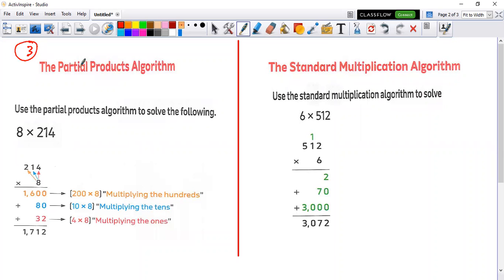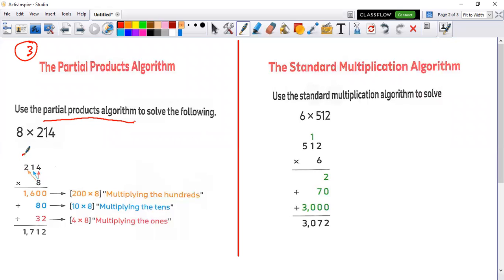The partial product algorithm. If I take an example, 8 times 214. Here, we are asked to use the partial product algorithm. First, 8 times 200. Use here the place value of the digit.